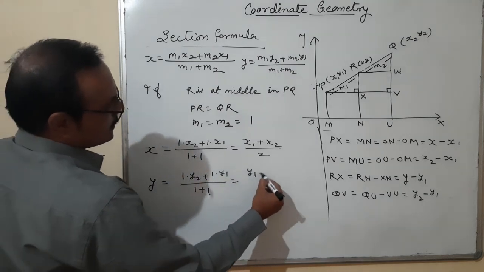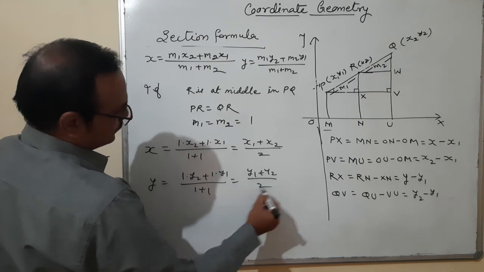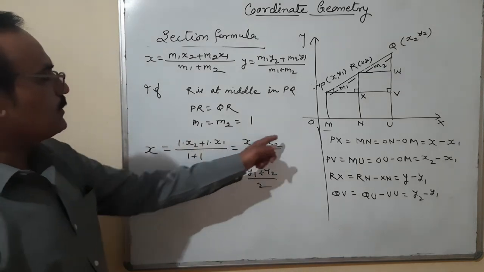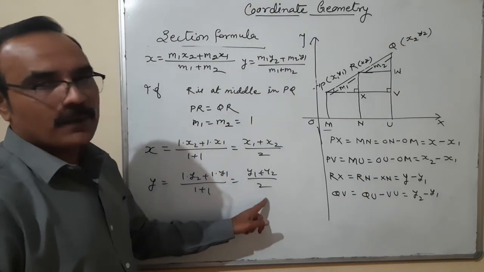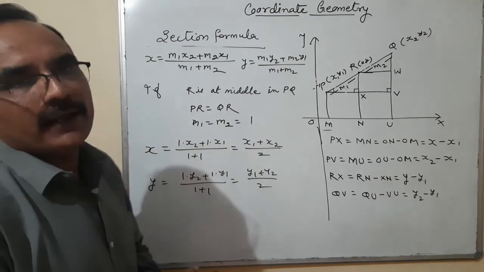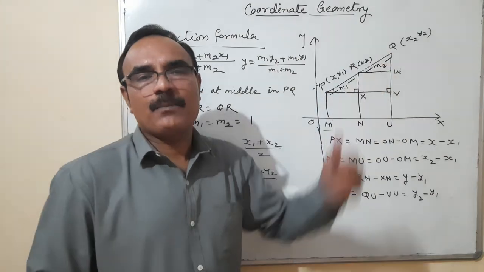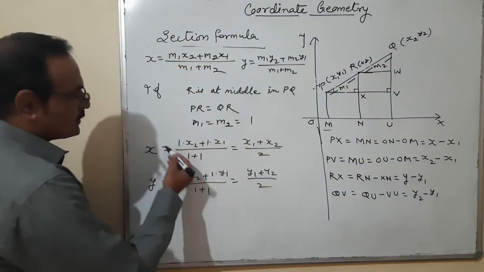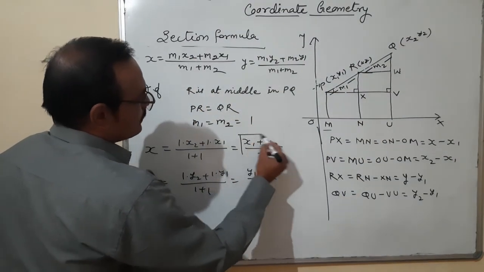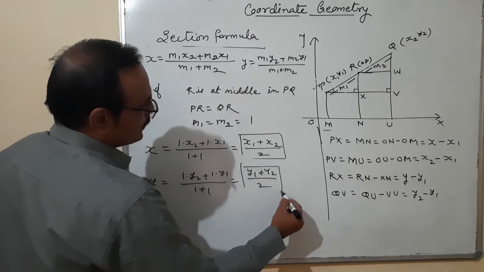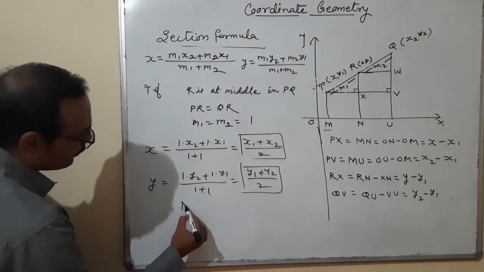So it is coming y1 plus y2 upon 2. Okay. x1 plus x2 upon 2 and y1 plus y2 upon 2, these are the two values of x and y. This is the condition when R is situated at the middle of PQ. So x1 plus x2 upon 2 and y1 plus y2 upon 2 is called the midpoint formula.